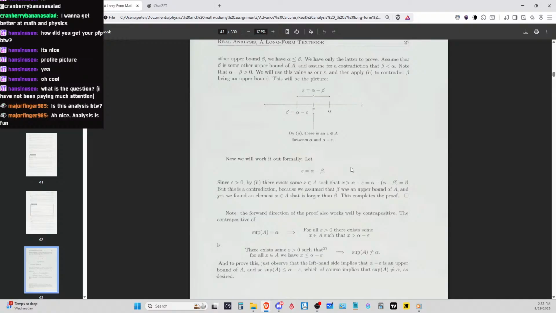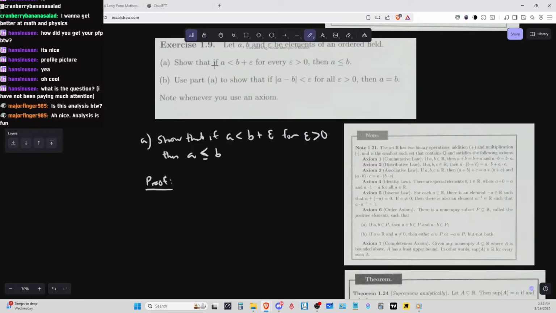Now since epsilon is greater than 0, this might actually be what we need to do. So let's see, show that if a is less than b plus epsilon, for every epsilon greater than 0, then a is less than or equal to b. So should we first start out writing that let epsilon be, maybe we can try that.